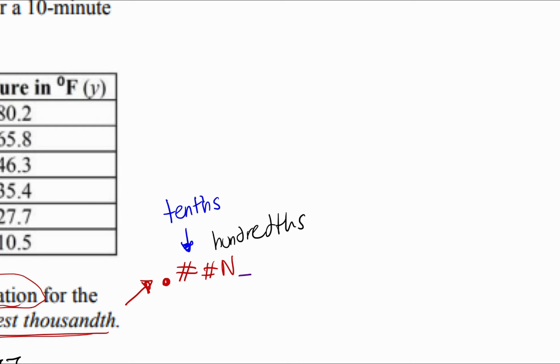Let's say that I want to predict the temp of the soup after 15 minutes. Let's write that question down. We might see this on the test, or in any future test that you might have.